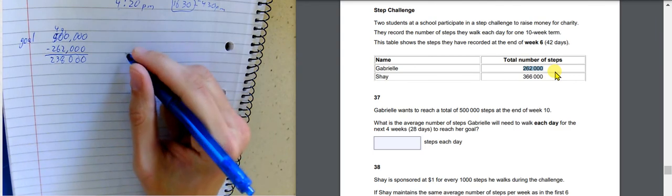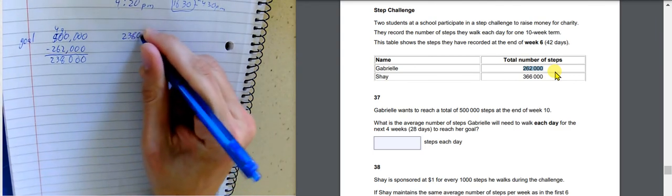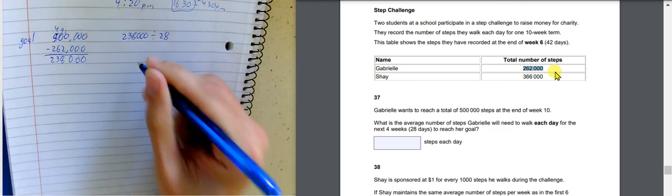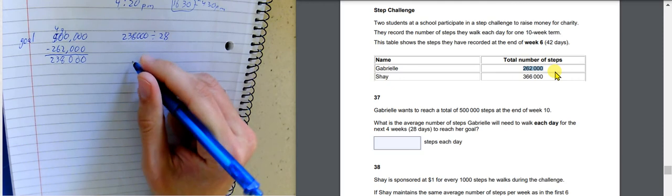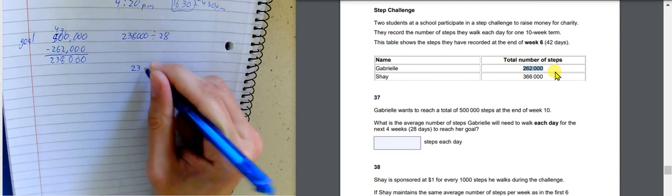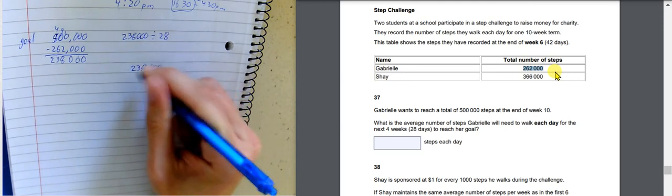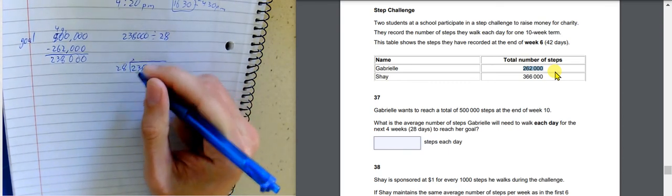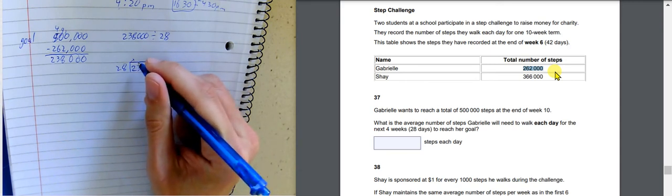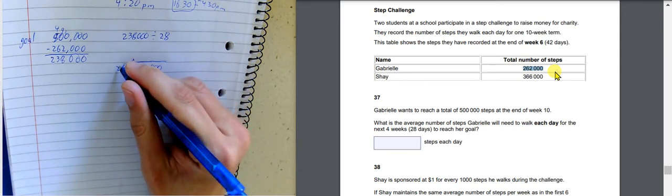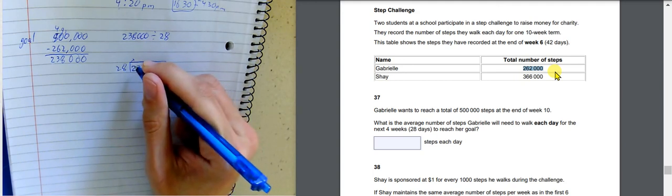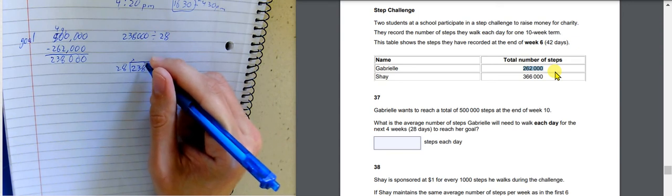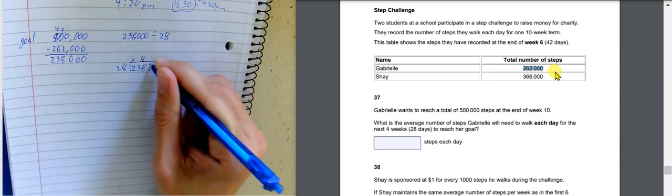Now you could just use a calculator and do 238,000 divided by 28, and then that will say how many steps a day. Let's see if we can do this just on paper. 238 divided by 28. 8 times 30 is 240, actually 8 times 20 is 160, 8 times that is 208, plus 28 is 236. So I think that's 8 remainder 2.